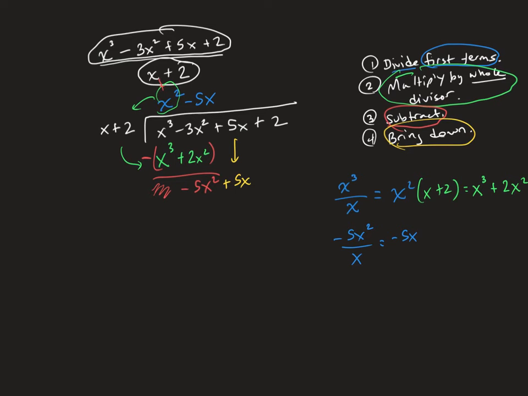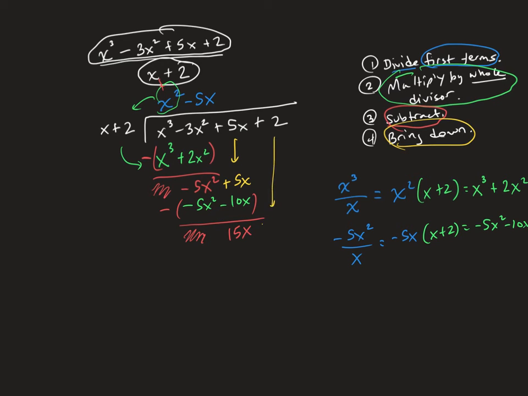We're going to multiply that by the entire divisor, which requires distribution. And that's what goes underneath. We're going to subtract. This should always be blank. And then 5x minus negative 10x is 15x.